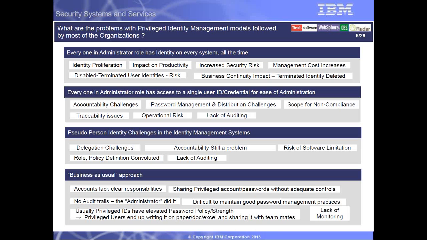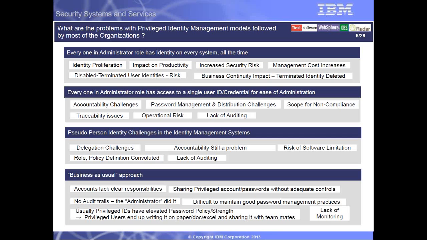There's no approval or review process to really control that and see if this person can really use this ID in an appropriate way and understands the risk. So that's a problem there. So you still have a risk, lack of auditing. All these problems come with this model of having people in an administrator role have access to the single user ID.